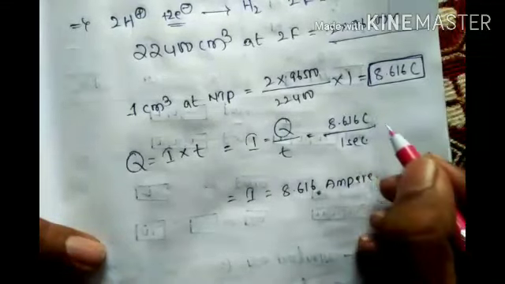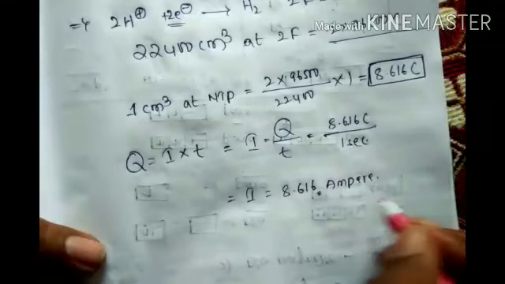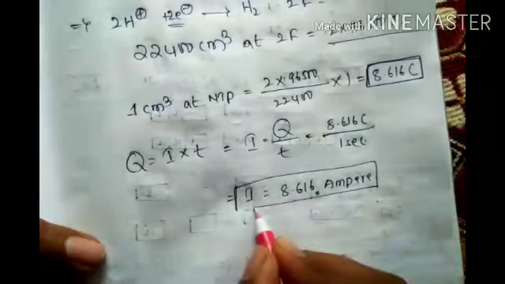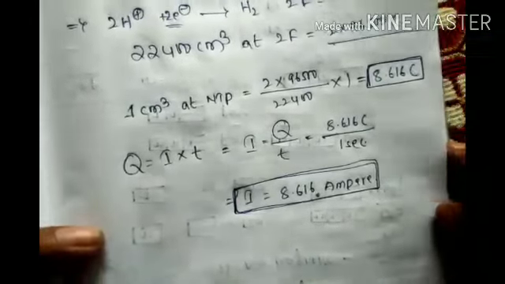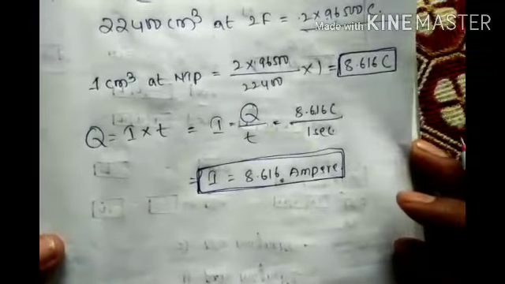Coulombs per second units are amperes. 1 ampere equals 1 coulomb per second. This is the 7th problem.